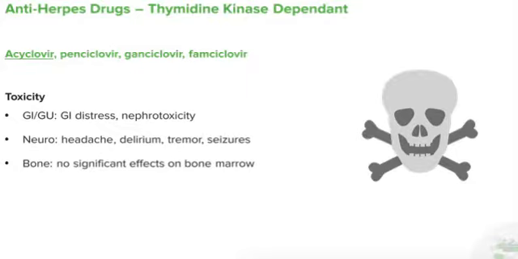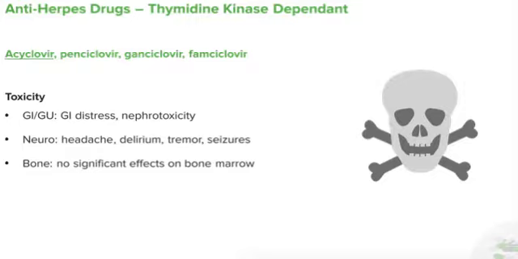With most antiviral agents, you are going to have some kind of neurological side effects. So we talk about headache, tremor, seizure, sometimes delirium as well. In terms of bone, there was a concern that there would be an effect on bone marrow, but we are actually not seeing that play out in real life.